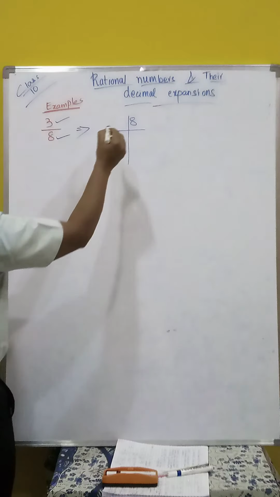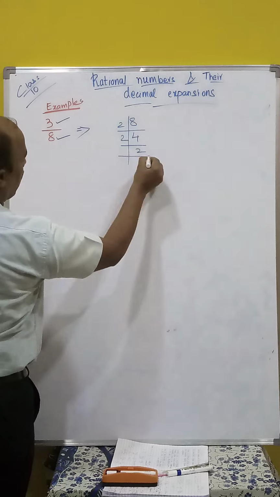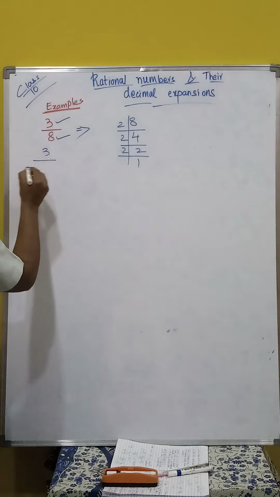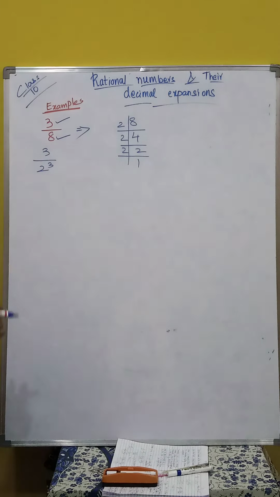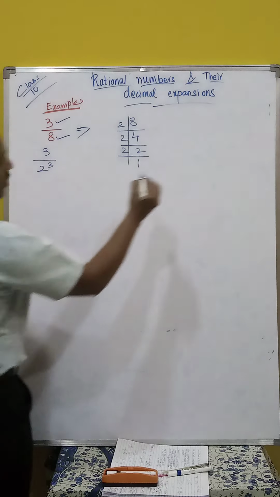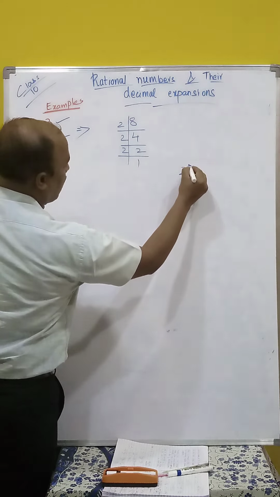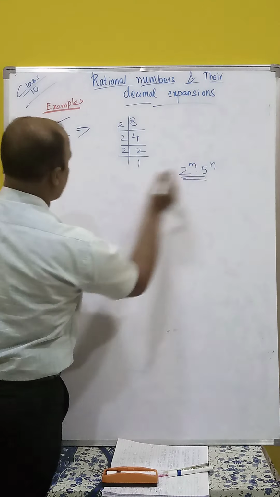Like the LCM way, 2 fours, 2 twos, 2 ones. Then it is 3 by 2 cube. We know that the denominator factors are in the form of 2 power m into 5 power n.